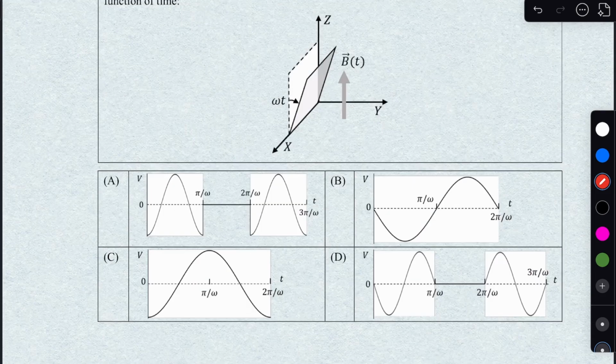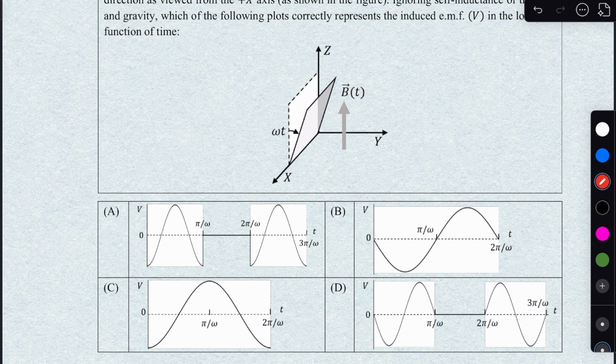If you look at the options, first of all, these options are incorrect because at t equals 0 they say the EMF is 0. Now I have either this option or this option. In this option, if I look, it completes a half cycle in a time period of 2 pi by omega, which is incorrect.